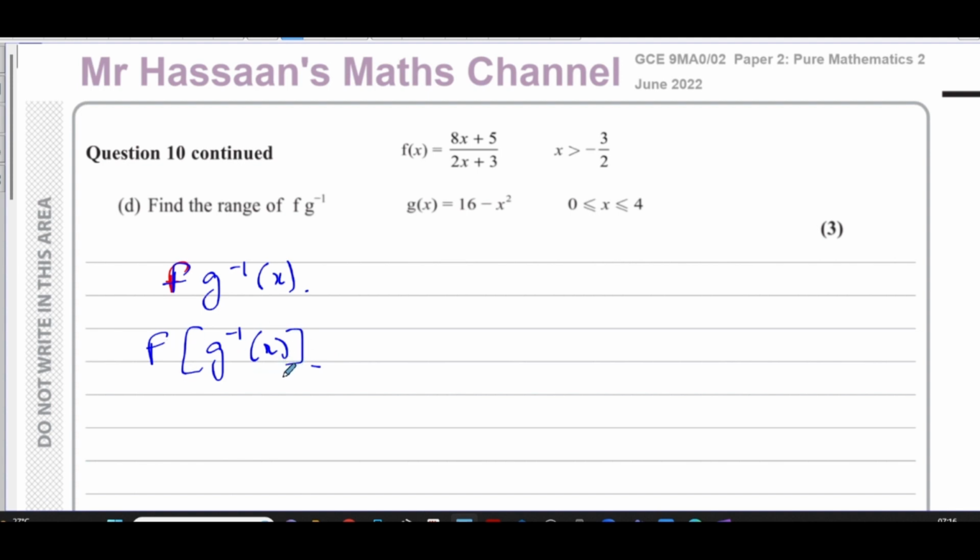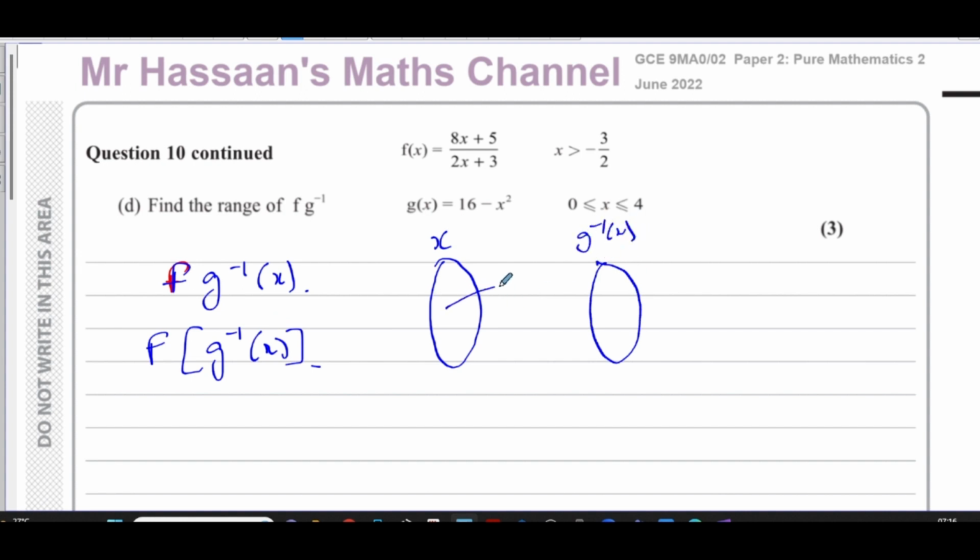Now, what's basically happening is we're taking something and putting it into inverse g of x. So you have x going into the function inverse g of x.